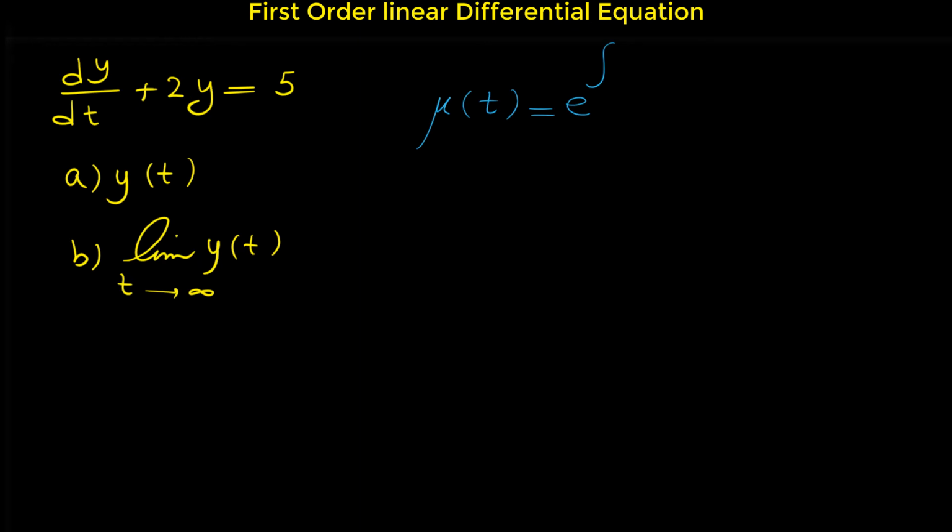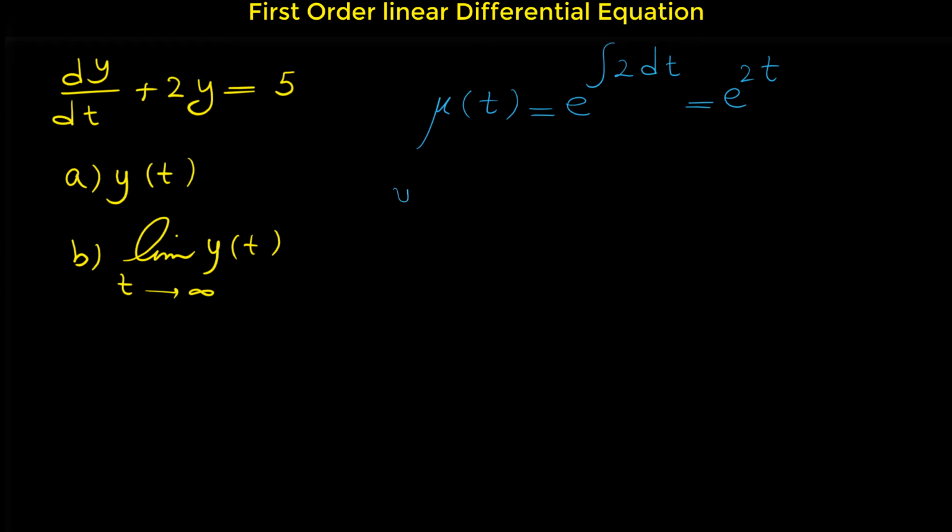Note that here in this equation p is the constant 2. Very simple function 2, but do not put dx, put dt, because again the independent variable in this differential equation instead of x is t. So integral of 2 dt is 2t. So e to the power of 2t is the integrating factor.